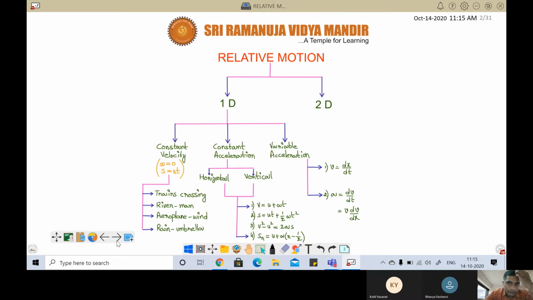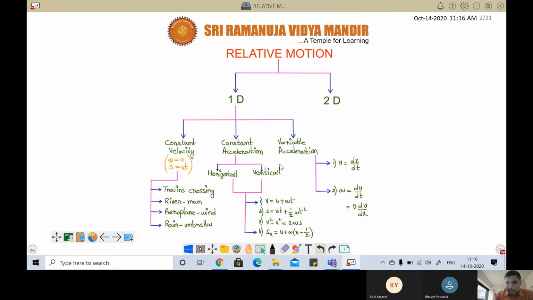As I already told you, relative motion is studied under two parts, 1D and 2D. First we have studied 1D, afterwards we'll study 2D, that is basically projectiles, or general motion also. In 1D we have three subheadings: constant velocity, constant acceleration, and variable acceleration.